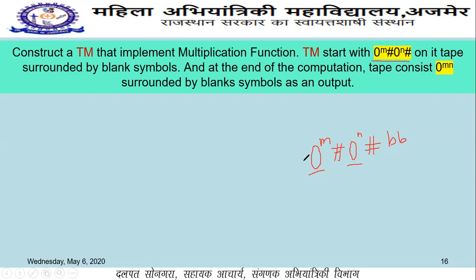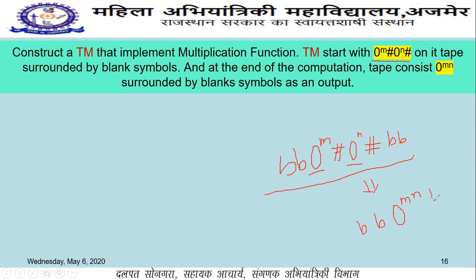We have to implement a Turing machine that processes this input instance into the form of m times n occurrences of 0 on the tape, also surrounded by a number of blanks.